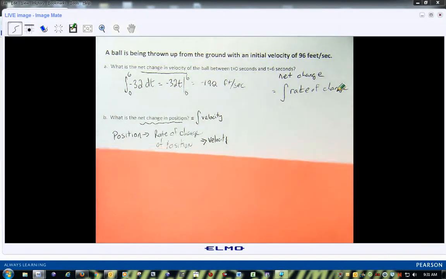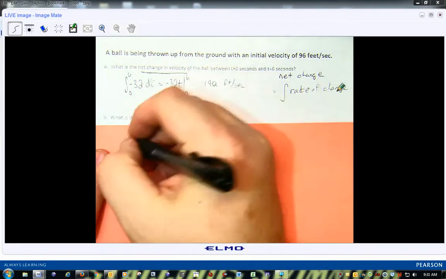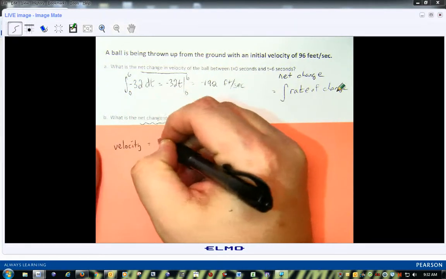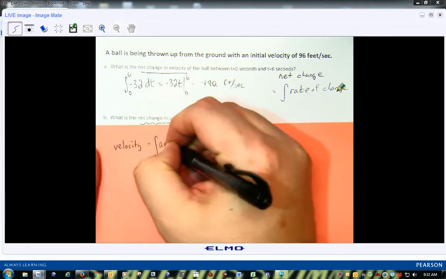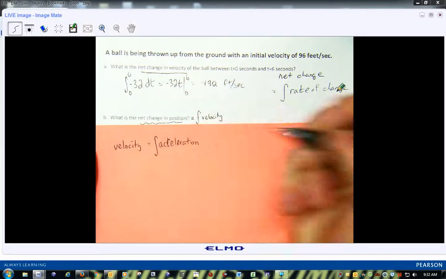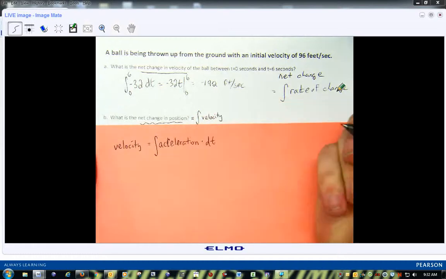Alright, so now I'm going to kind of cover this up, and velocity is equal to the integral of acceleration. And if I'm trying to figure out times dt, because everything's in terms of time.